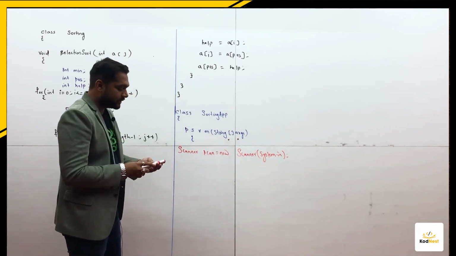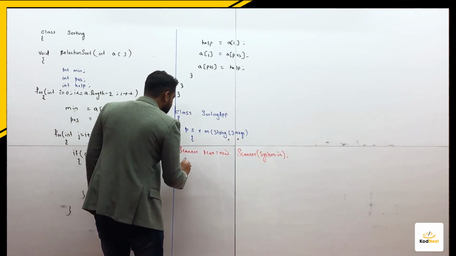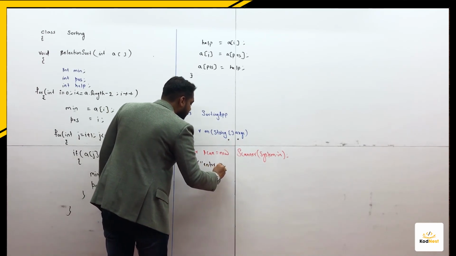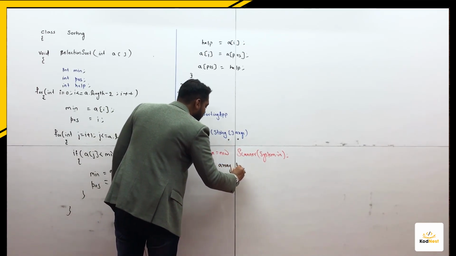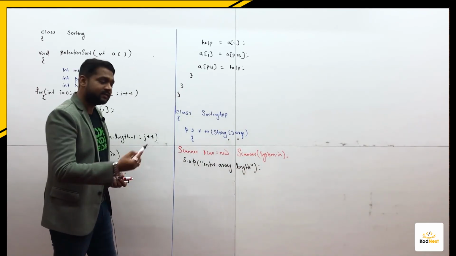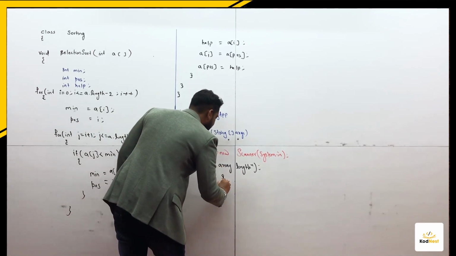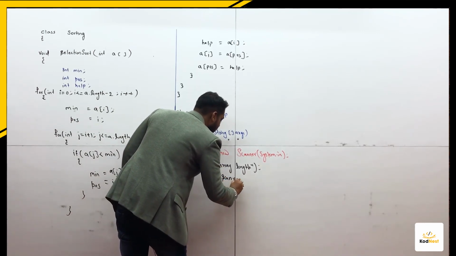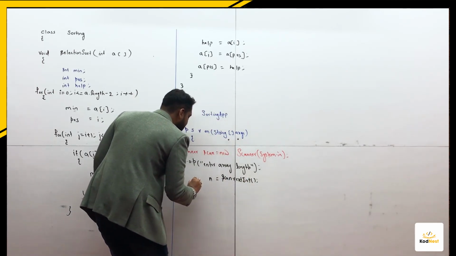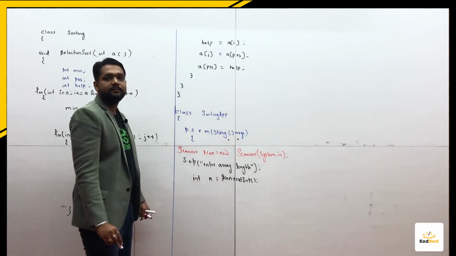Next, I would ask the user, System.out.println, enter array length. By seeing this message, the user will enter the array length. I would collect it by telling scan.nextInt, and I would store it in a variable called n, which is of type integer.